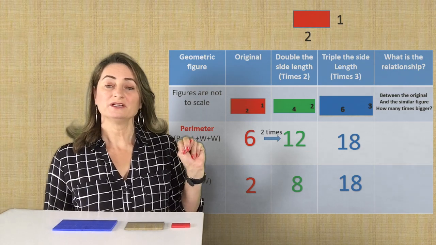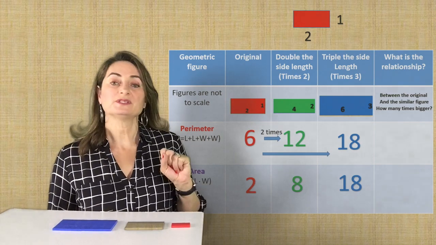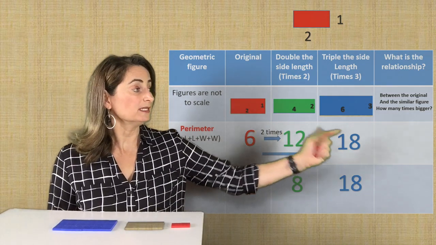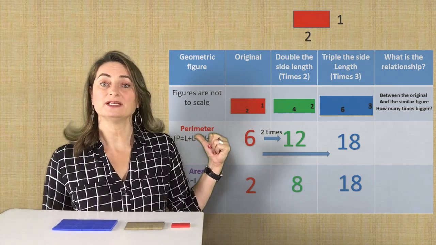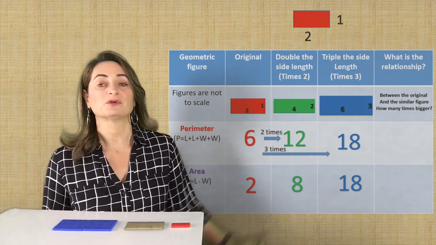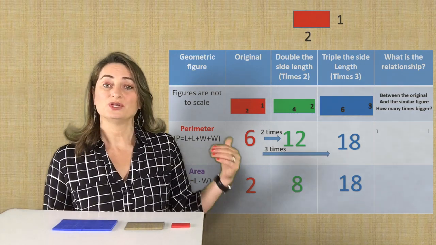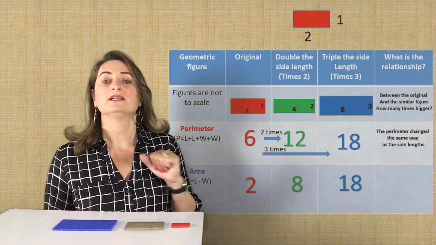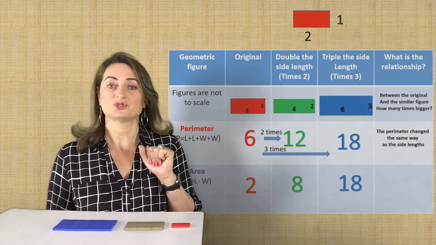It's 2 times bigger. And when you triple the side length, what happened to the perimeter? What's the relationship between the 18 and the 6? How many times bigger is 18 than 6? It's 3 times bigger because 6 times 3 equals 18. So when you double the dimension, the perimeter doubled. When you triple the dimension, the perimeter also tripled.